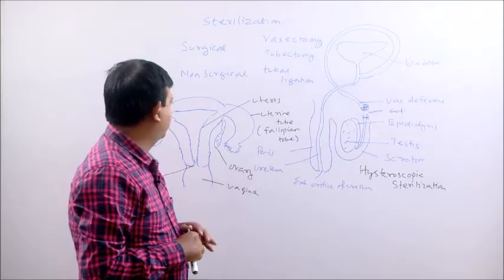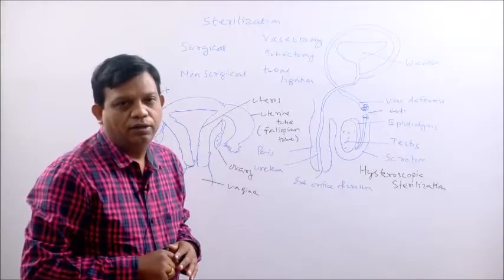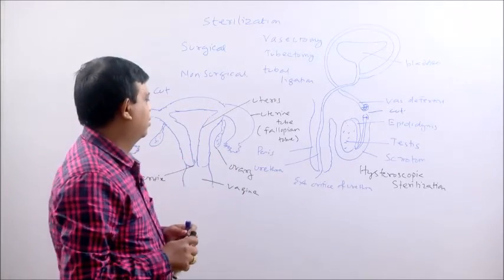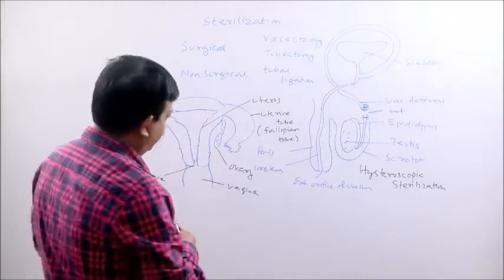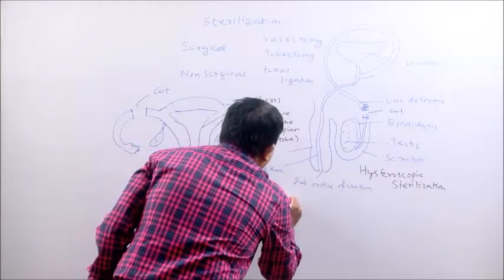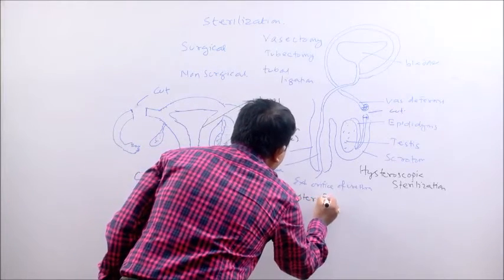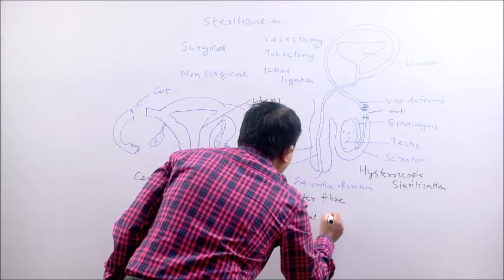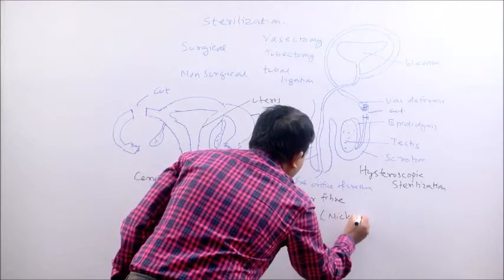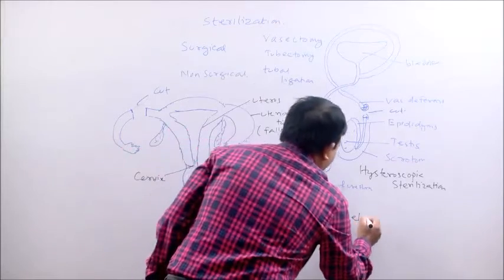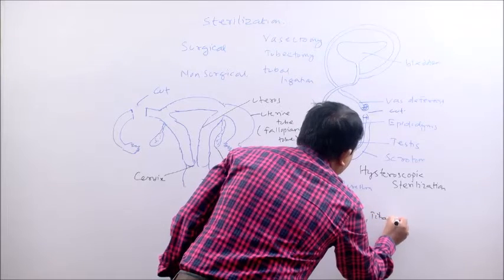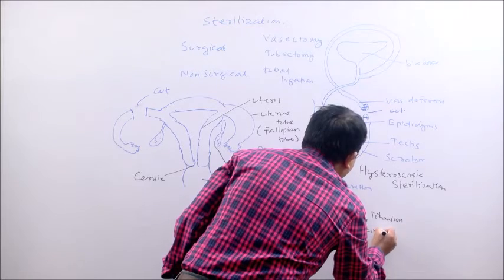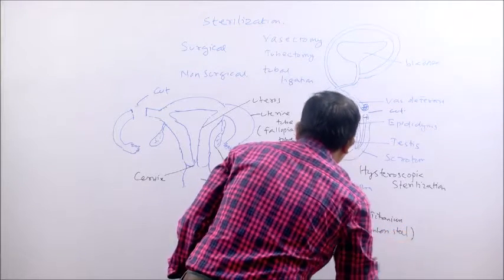In this process, a small coil made of polyester fiber and metal, like nickel or titanium and stainless steel, is used.